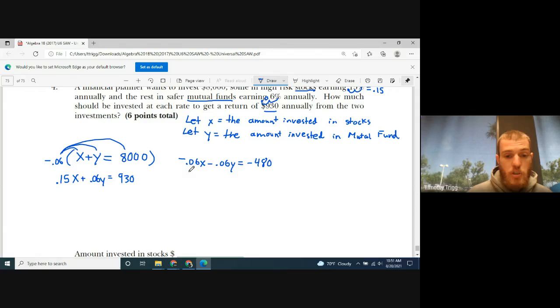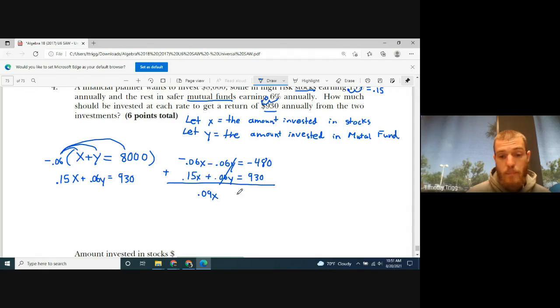The second equation, I'm just going to write it below here. So this is 0.15x plus 0.06y equals 930. Then we're going to add these two equations together with the y's eliminating, right? Because the negative and positive 0.06y cancel. So here, this would give us 0.09x, right?